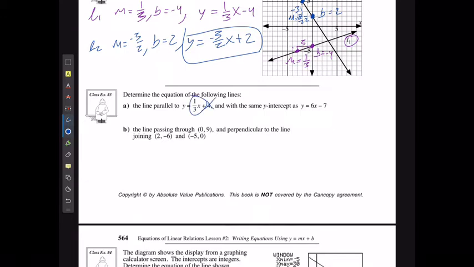The y-intercept for this one really doesn't matter. So I know that my new equation is going to have a slope of 1 over 3. In the second case, it says the same y-intercept, which means that the slope doesn't matter. I'm just looking at the y-intercept, and the y-intercept is going to be negative 7.